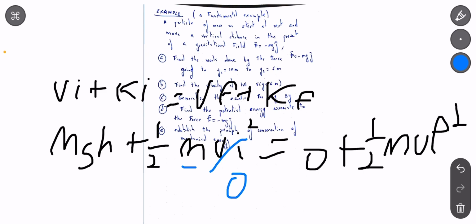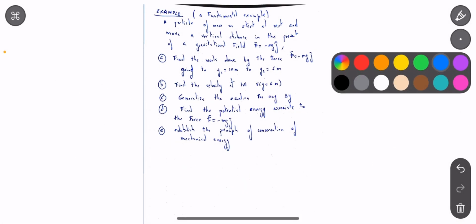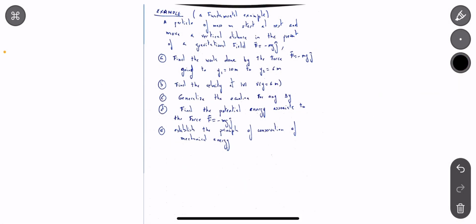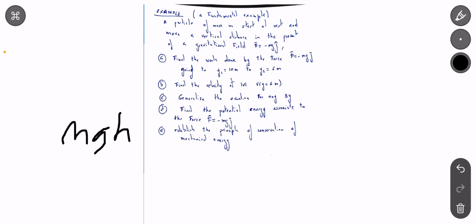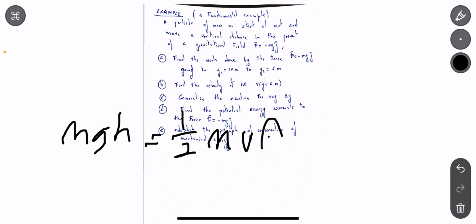So then we're left with, I'm going to rewrite it now so it's easier to see for everybody, mgh equals 1/2 m vf squared. So as we get to here, h, by the way, is the height, but it's also displacement, so don't forget this, which is just displacement.